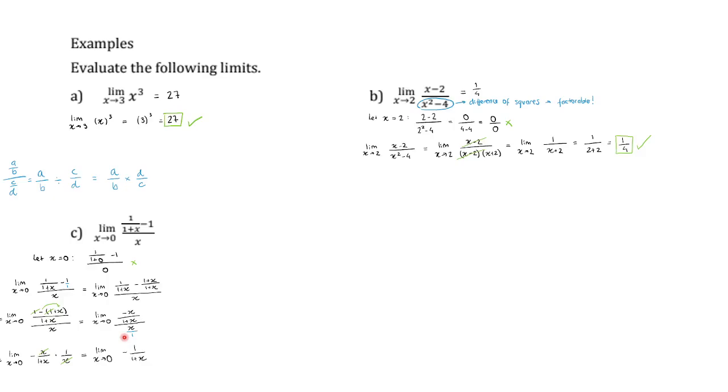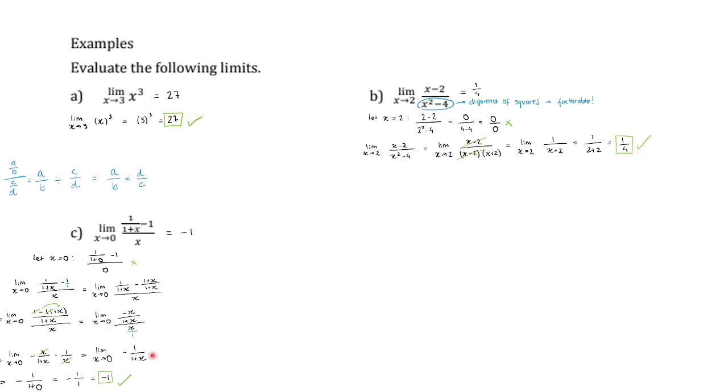Now we can try again to plug in x equals 0 into the expression, which is going to result in negative 1 over 1 plus 0, which is equal to negative 1 over 1, or simply negative 1. And so we can see that we have manipulated the expression successfully to find the limit as x approaches 0 of 1 over 1 plus x minus 1, all over x. And that limit is equal to negative 1.